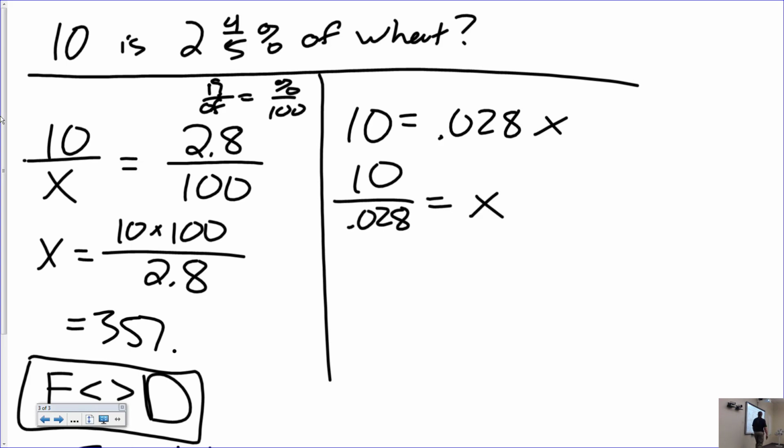Divide by the 0.028, and yes, this is going to be the same number, 357 and 1/7. All right, so those two techniques are the standard two techniques that you are shown for one sentence percentage problems.